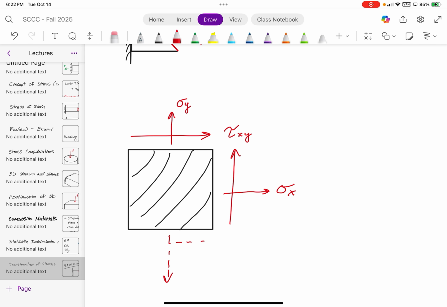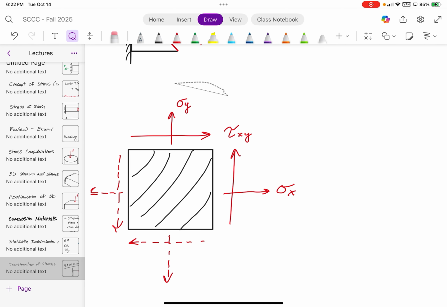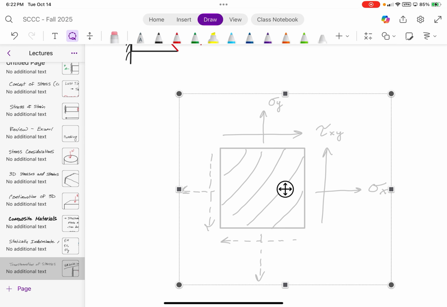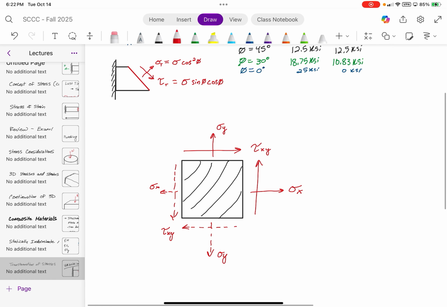And then it'll have associated counterpart stresses just to satisfy equilibrium. This would be sigma x, this would be sigma y, and this would be tau xy.